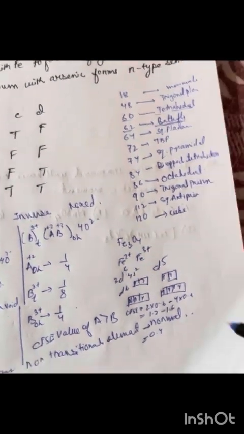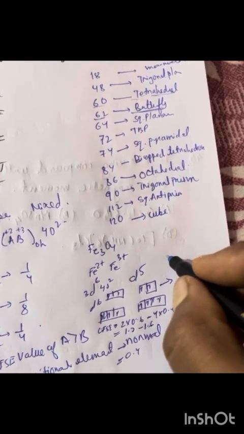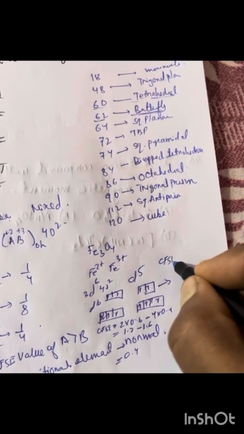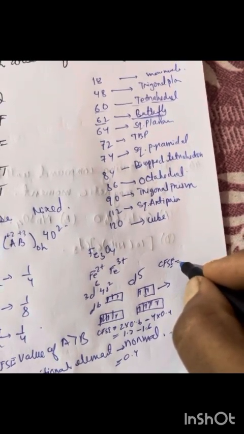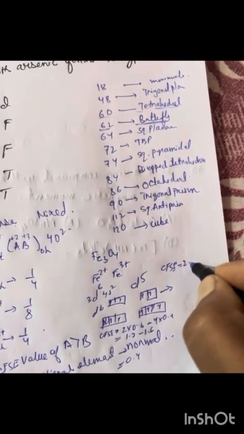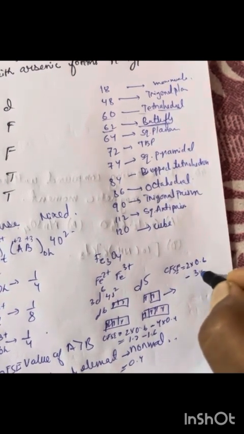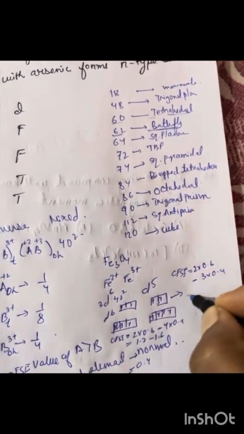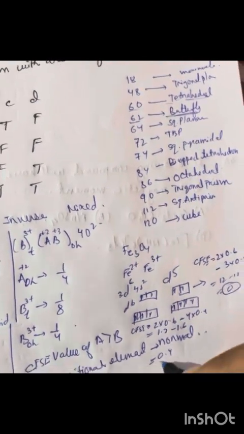Now for d5 you can calculate CFSE: 2 into 0.6 minus 3 into 0.4, means 1.2 minus 1.2, this is 0, right? CFSE here is 0, here is 0.4, right?